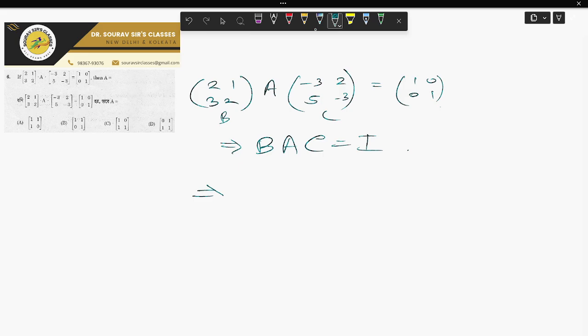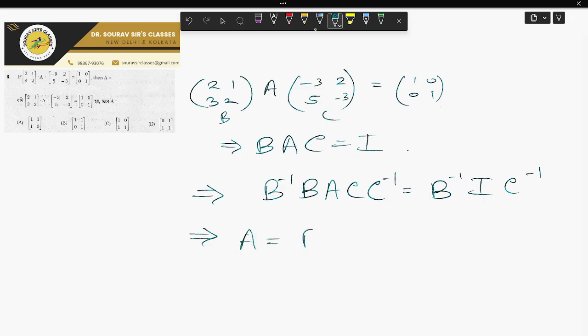Then we get B inverse B A C inverse equals B inverse I C inverse, and that will be A equals B inverse multiplied by C inverse. That means A is the product of B inverse and C inverse.